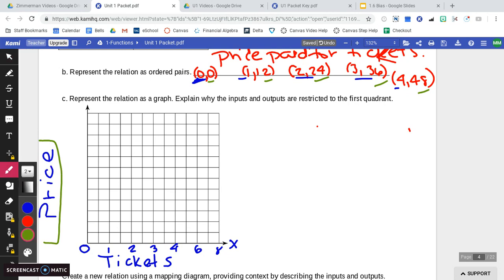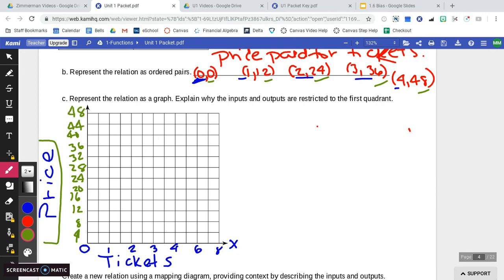So let's go by 4s, just so we hopefully can fit them all. So we'll have 0, 4, 8, 12, and we've got it.